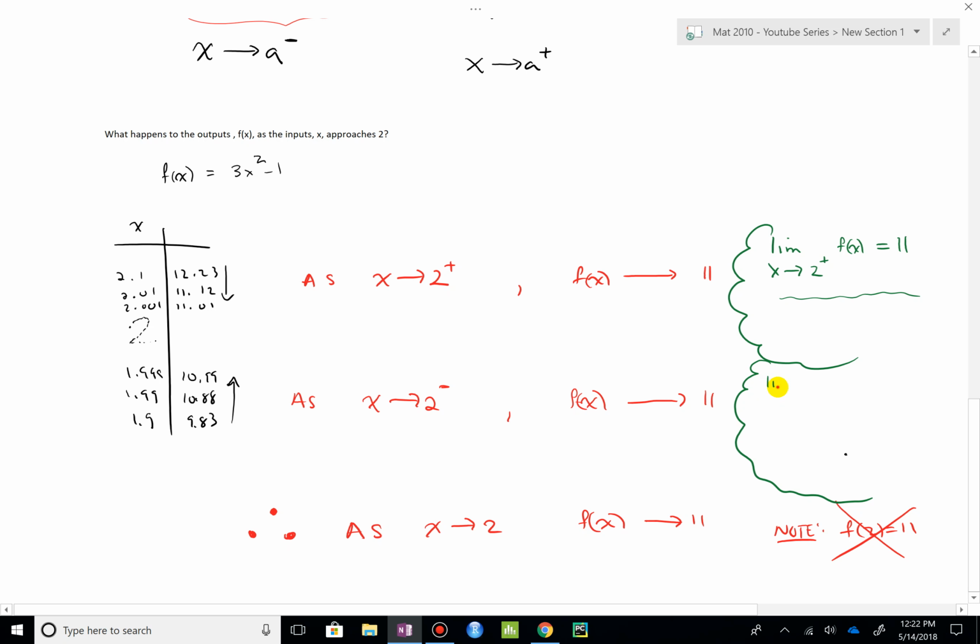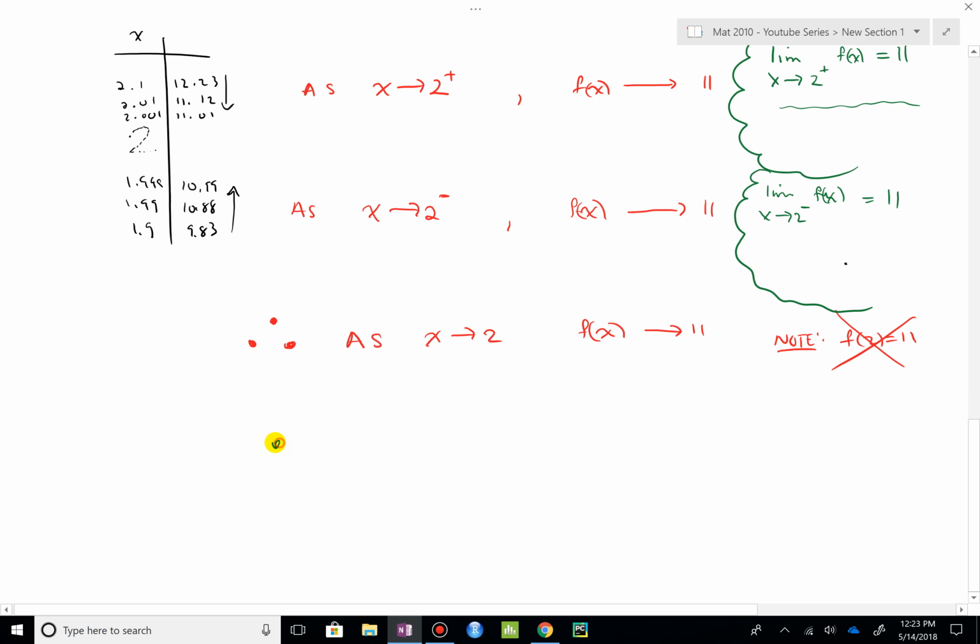And likewise, if I took the limit as the inputs approach 2 from the left-hand side of the function, it equals 11. And thus, the conclusion we want to draw, just written in math notation now based off these two premises, is this: the limit as x approaches 2, does not matter from which way, of the function equals 11. This is the conclusion you want to draw.